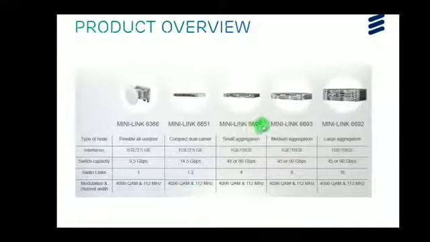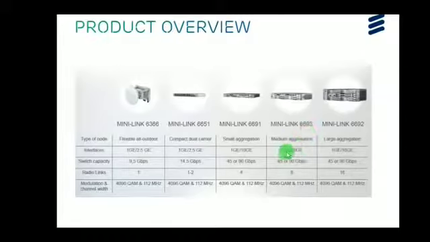Whereas Minilink 6691 is a small aggregation node. It has 1 GE and 10 gigabit Ethernet ports. Its switch capacity is 45 or 90 Gbps. It supports a maximum of 4 radio links. Whereas Minilink 6693 is a medium aggregation node.